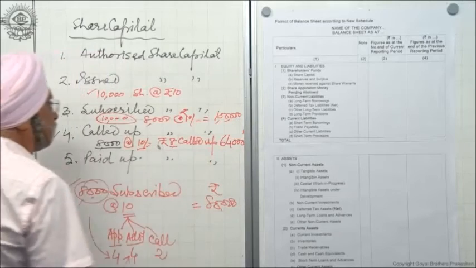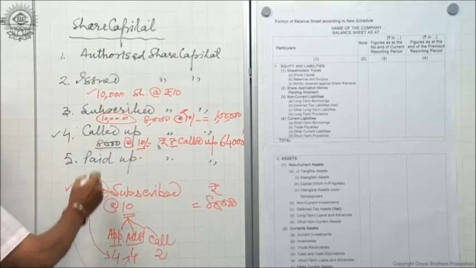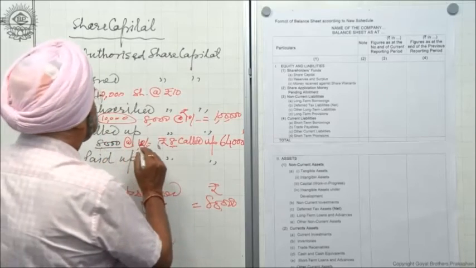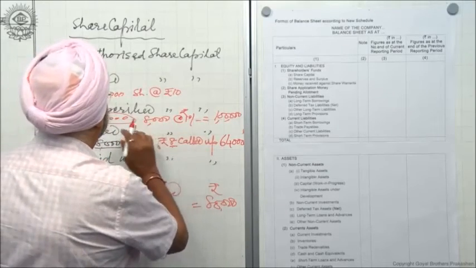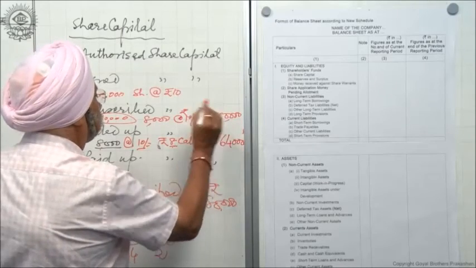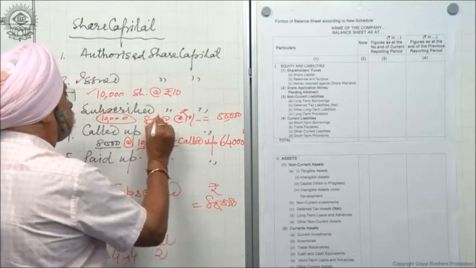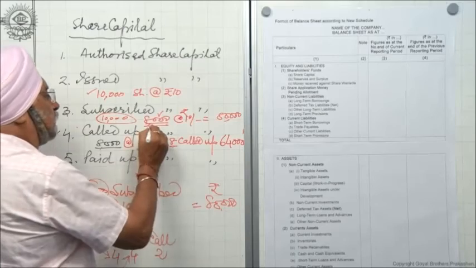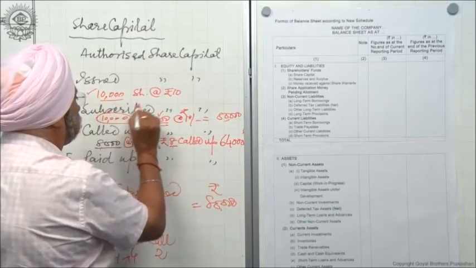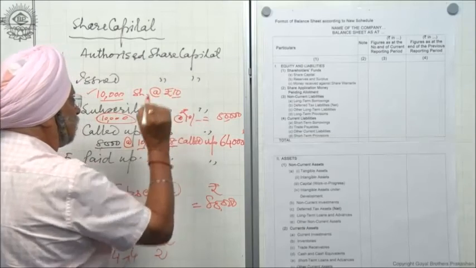देखो दोनों डिफरेंस आया जा रहा है. इशूड कितना है? This will be 80,000. इतना ले रहे हैं हमने, ये सब्सक्राइब हुआ. 8,000 into 10, this is 80,000. Issued was 10,000 of rupees 10 each.